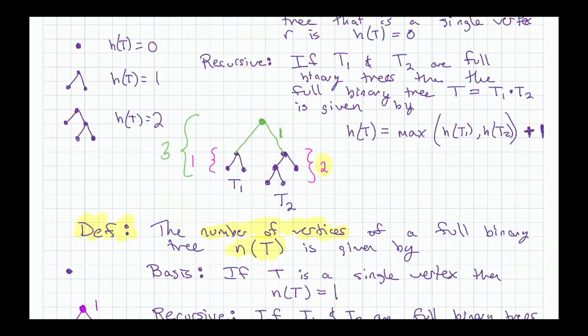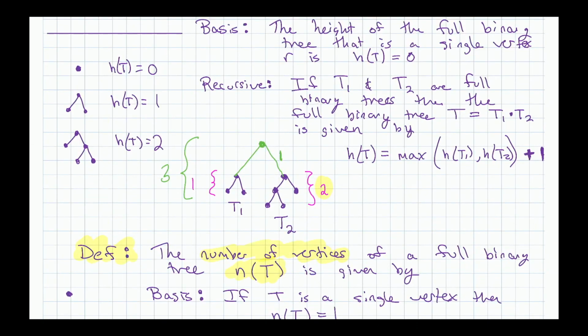It's the definition of height, right? Look at this. Maximum of h of t1, h of t2, plus 1. So this right here is just the height of t. So we're going to replace this in our proof with this, h of t.